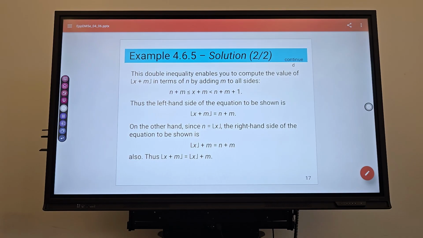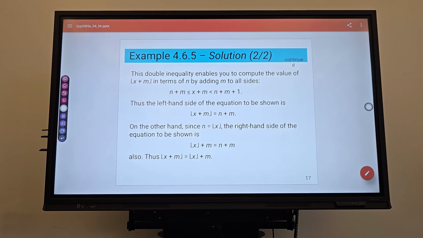And thus the left-hand side of the equation is shown to be n plus m. On the other hand, since n equals the floor of x, the right-hand side of the equation to be shown, the floor of x plus m, equals n plus m.